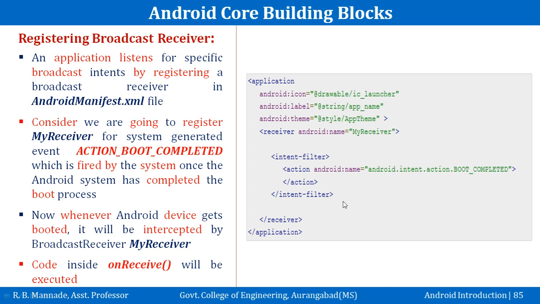As we have seen in the previous lectures, the intent filter can have attributes such as name, action and category, but in the case of a broadcast receiver we need to specify only the name attribute of the action. The category property is not required in this particular case. So only the action attribute is required for this intent filter.